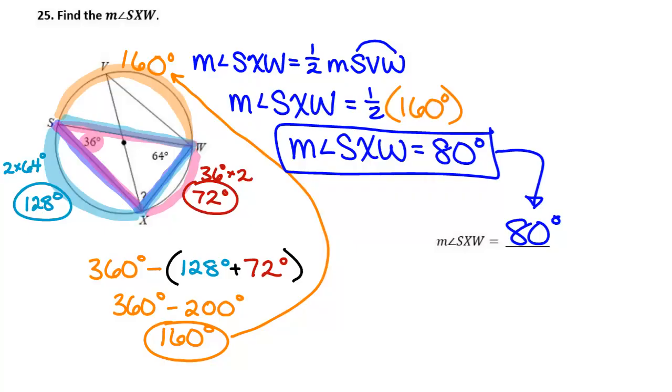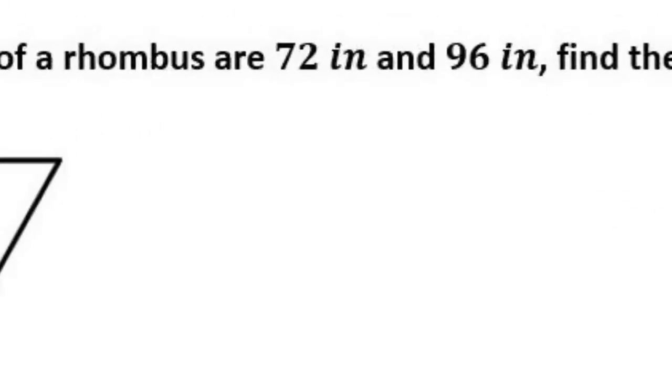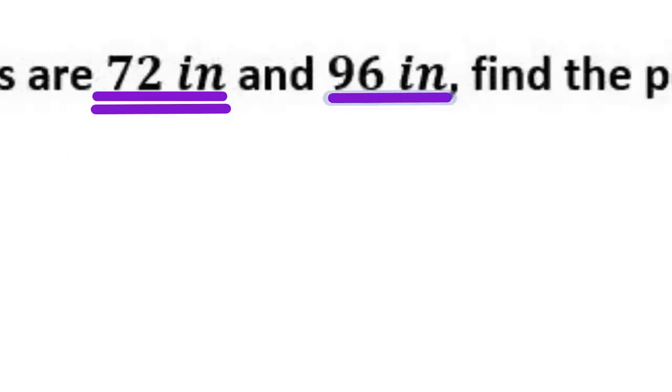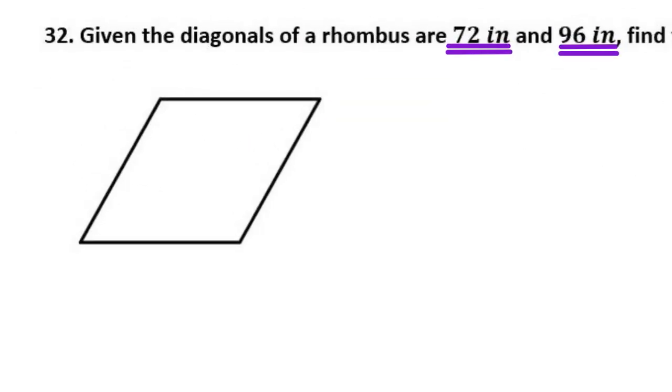All right. 32 was the next one I was asked for. So let's flip forward to number 32. 32 says, given the diagonals of a rhombus are 72 inches and 96 inches, find the perimeter and area of the rhombus.